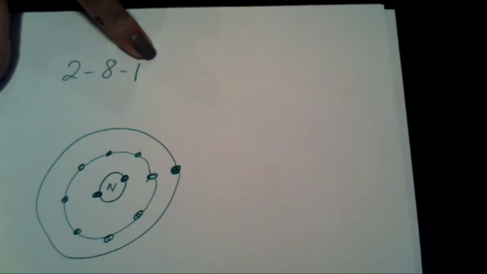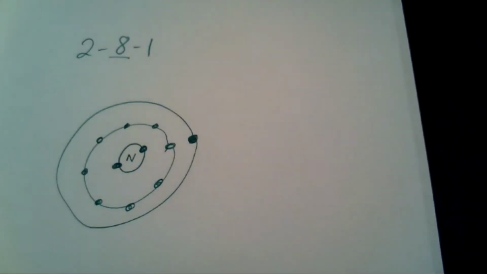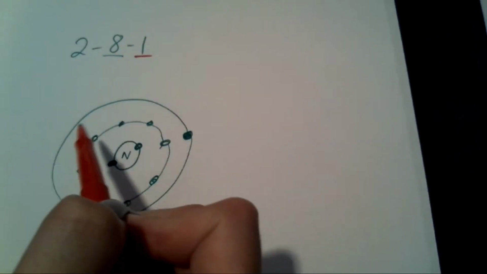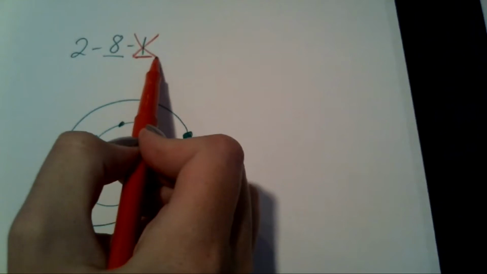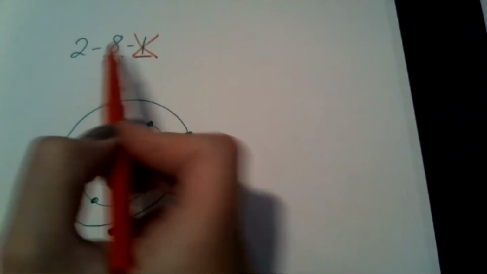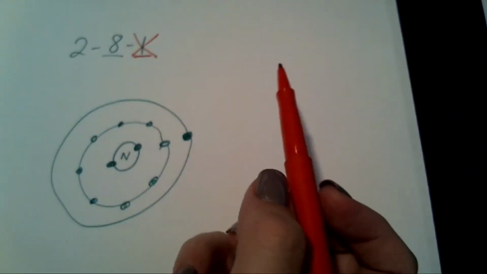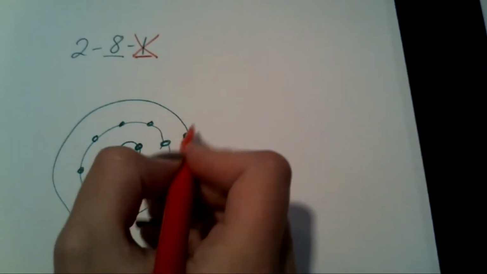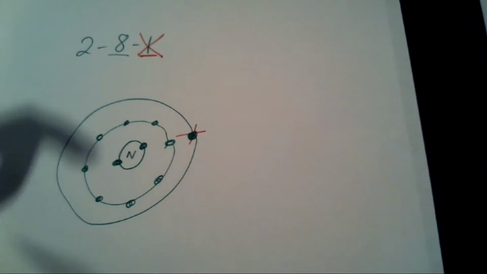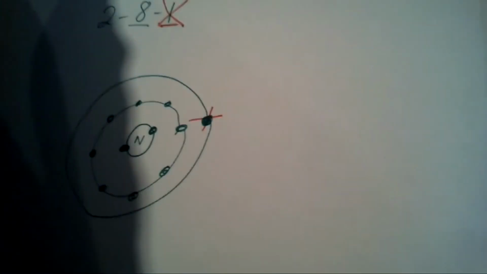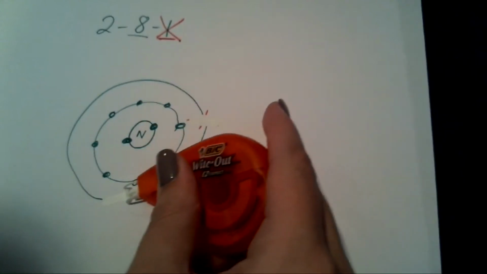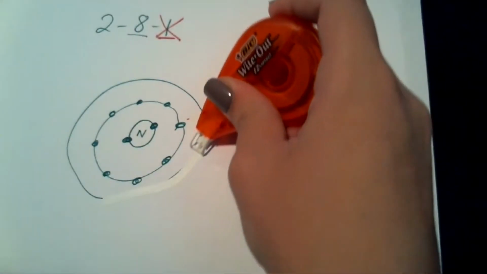All of these atoms want to have 8 as their last number. Sodium could either try to gain 7 electrons to turn this into an 8, or it can get rid of this and leave this 8 as its valence shell, which is the easiest thing for it to do. So that's why it is going to lose this electron. When it loses this electron, we can basically white out this entire shell because the shell disappears when it loses that electron.